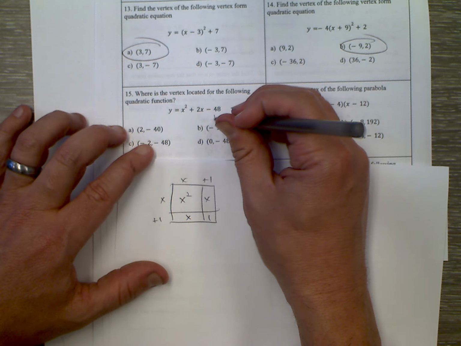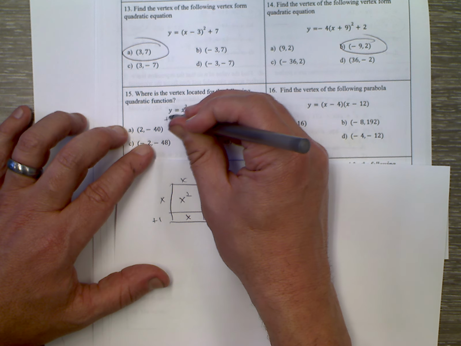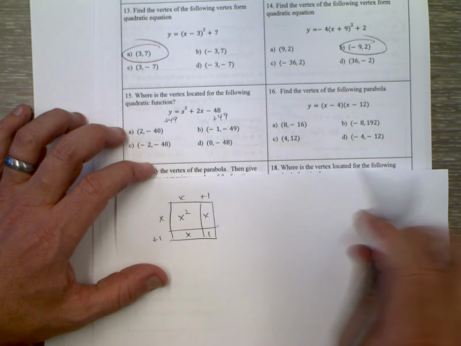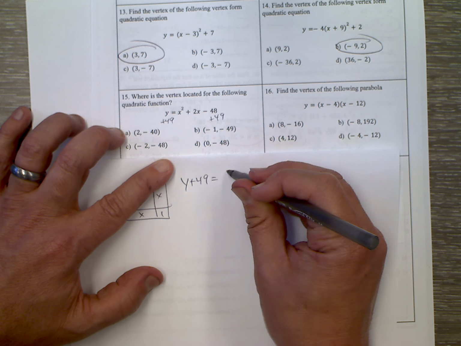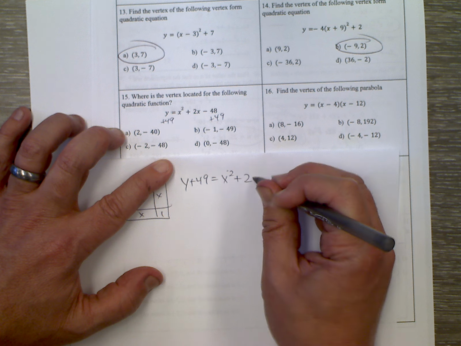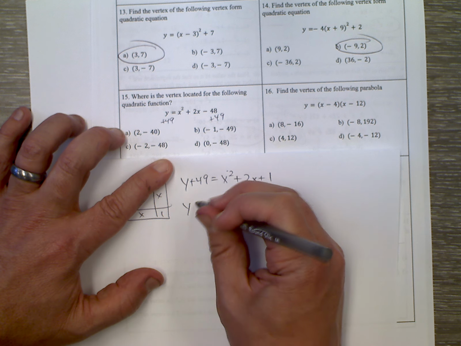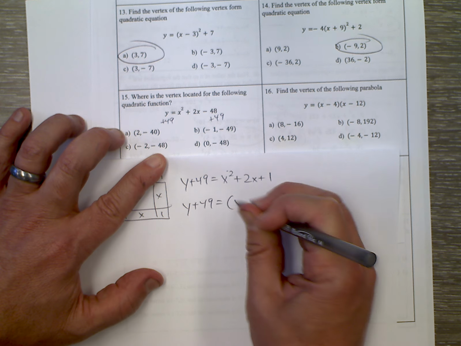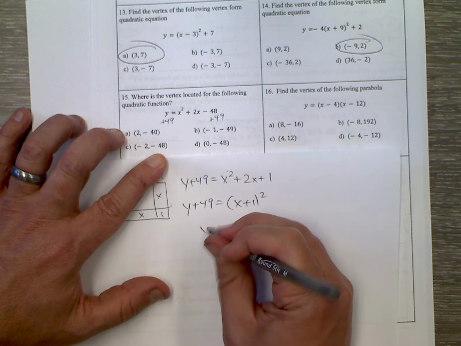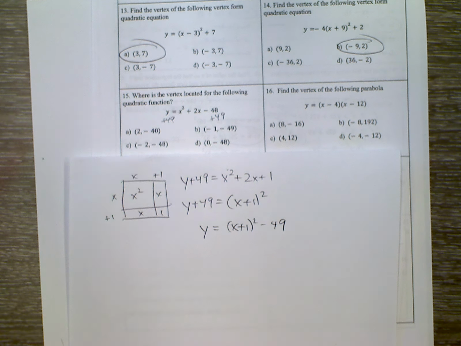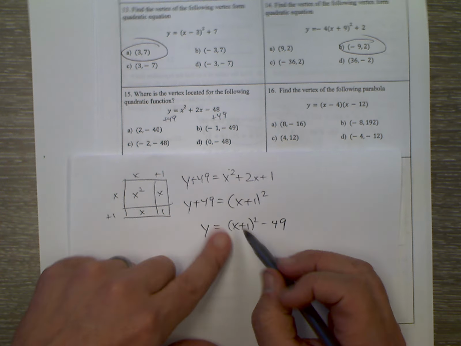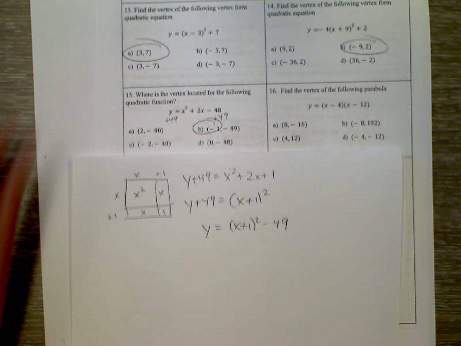So I'm going to add 49 to both sides. So I'm going to get y plus 49 is equal to x squared plus 2x plus 1. So y plus 49 is x plus 1 squared. So y is x plus 1 squared minus 49. So we're at -1, -49.